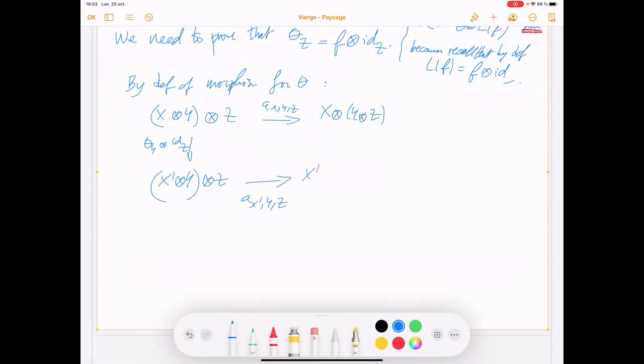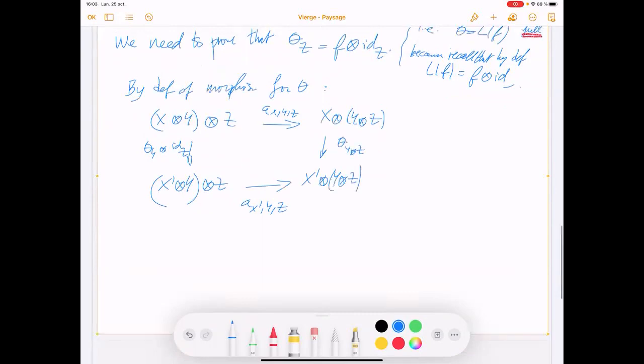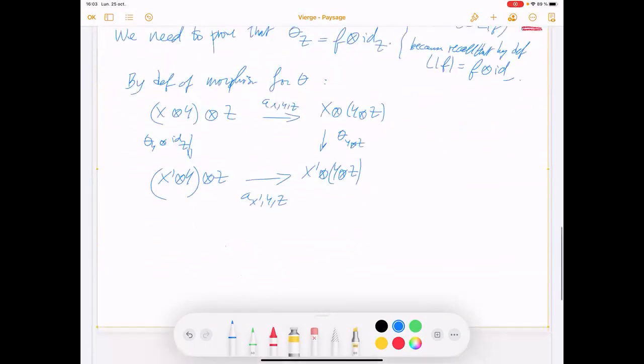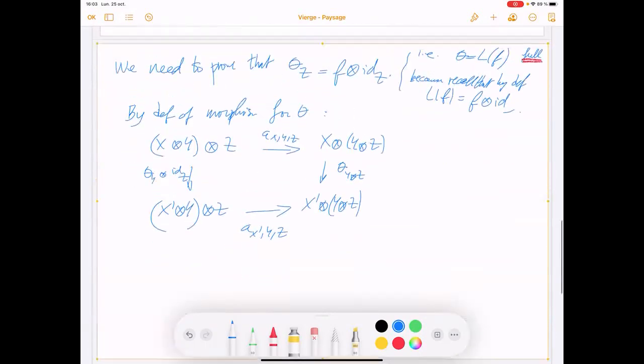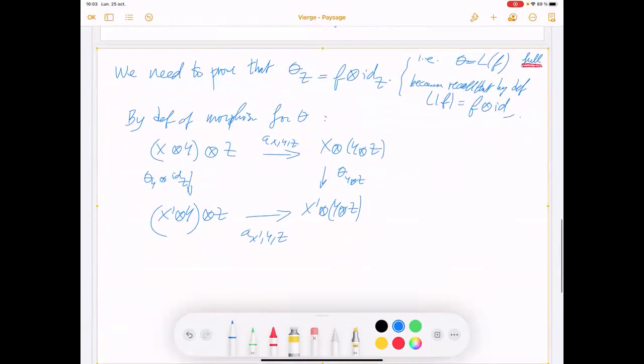Here the specific case will be y equal 1, tensor Z, and here theta y tensor Z. I recall briefly from last week, this is exactly the diagram which commutes for theta to be a morphism in this category. This is by definition.